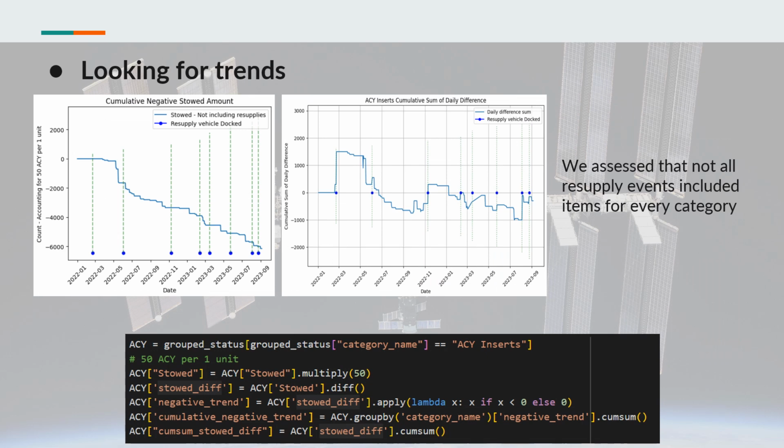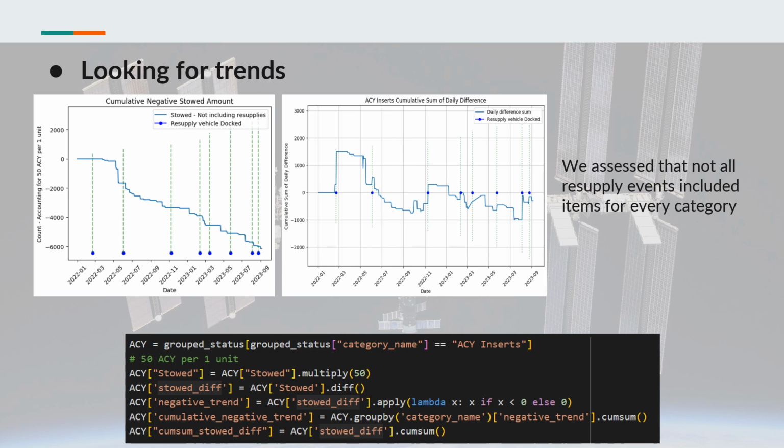So, looking for trends. The first item we took a deep dive into was ACY inserts. We grouped and filtered by the category name ACY inserts after we did a bit of cleaning, and we needed to create more columns that showed different things.